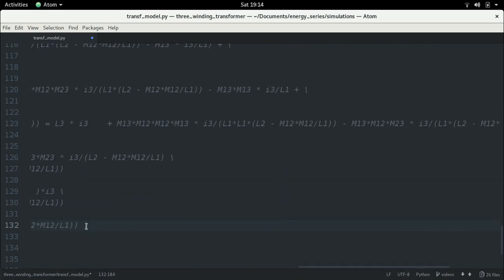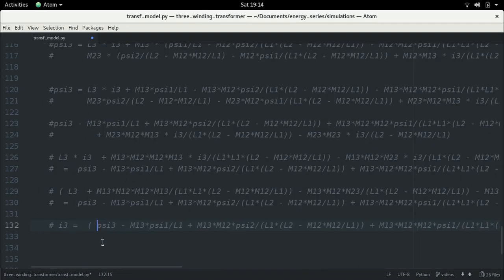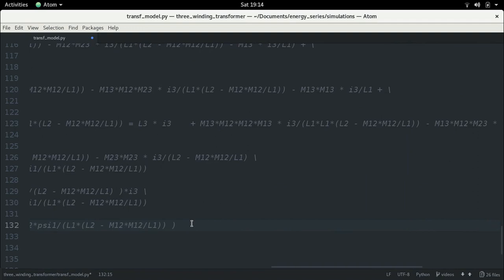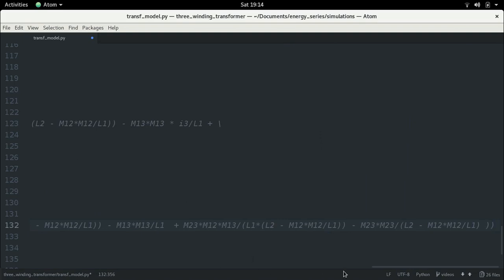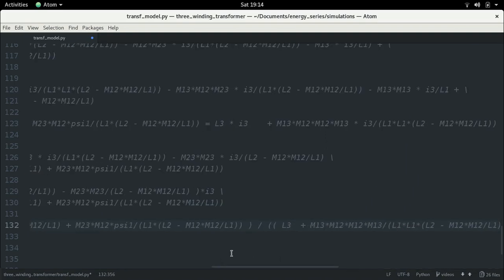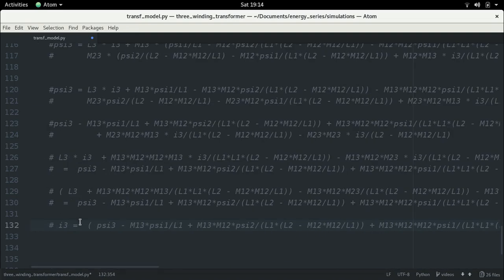Let me leave a little bit of space so that I know what I'm trying to divide by. And I'm going to paste this here. So this actually, probably there's another parenthesis, I can get rid of that. So now this is my final expression for I3.